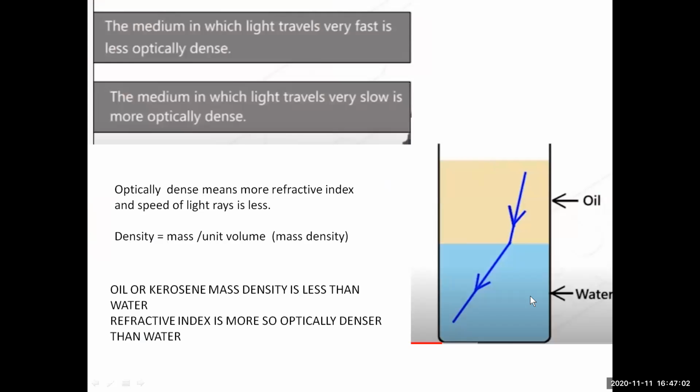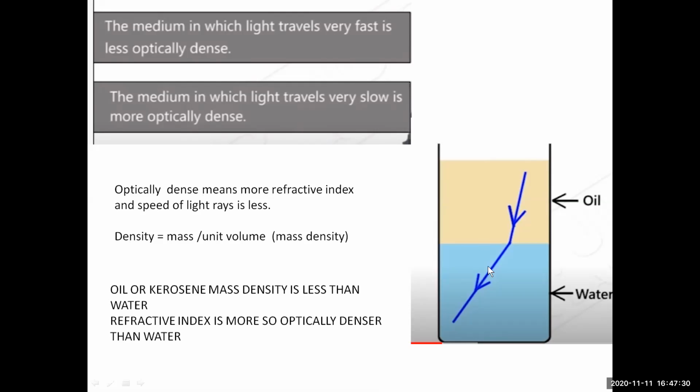Now see here, students. We compare the two media here, oil and water. In which medium does light travel faster? We see that in water the light travels faster, whereas in oil the light travels slower. The medium in which light travels fast is less optically dense.